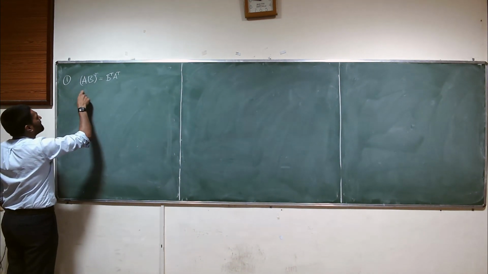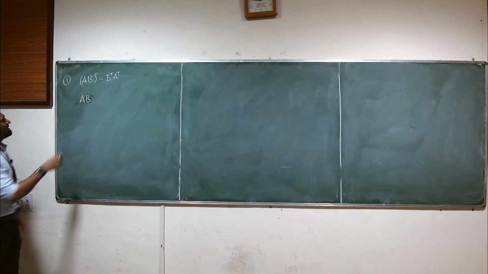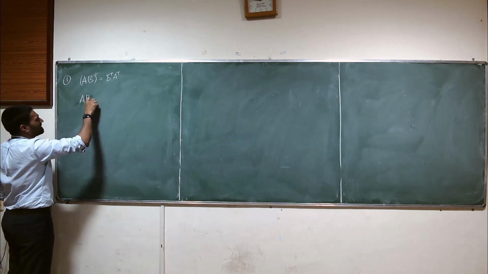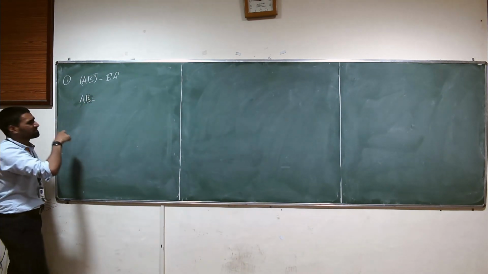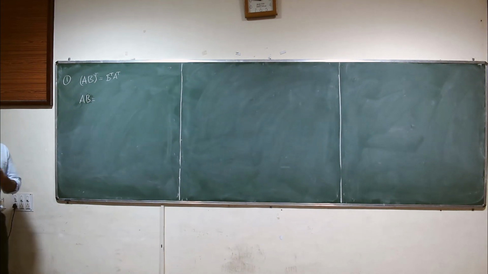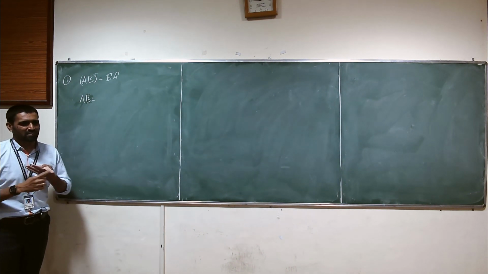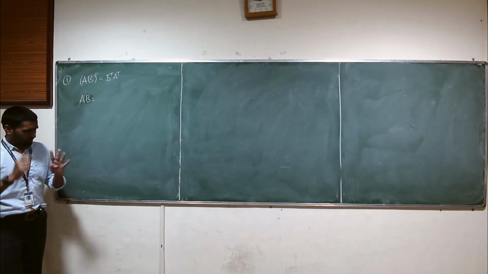Okay. So let's talk about AB. There are different ways to view AB. What are the four views? Four interpretations? You have to be louder. As I said, I don't hear very well. Okay.